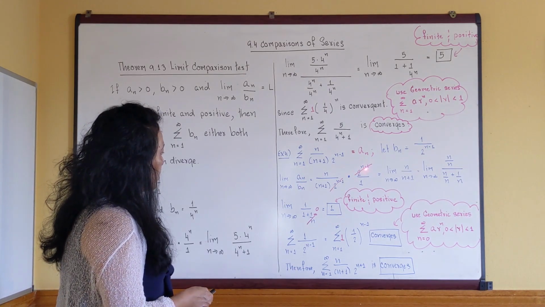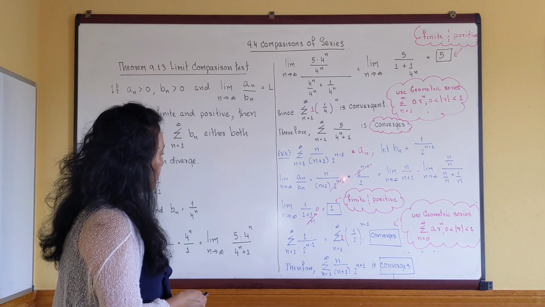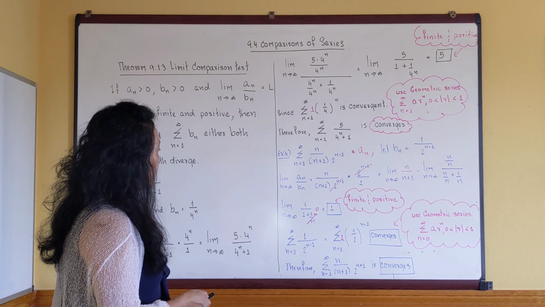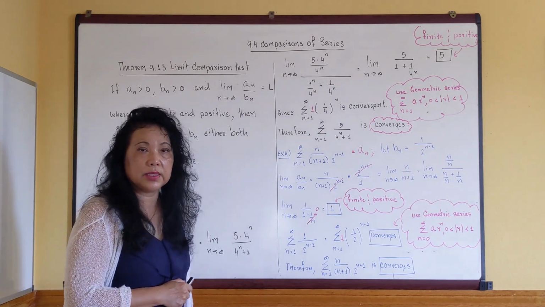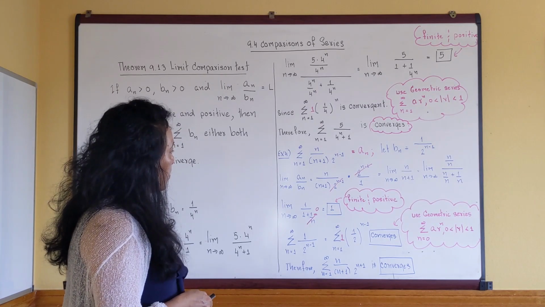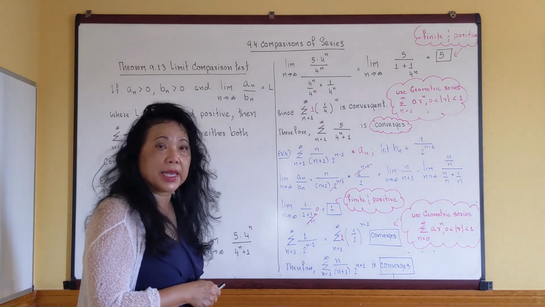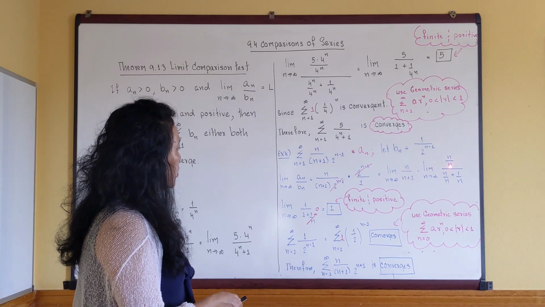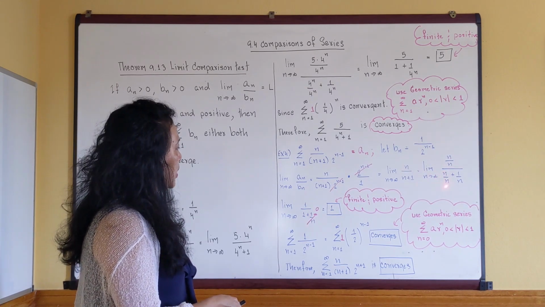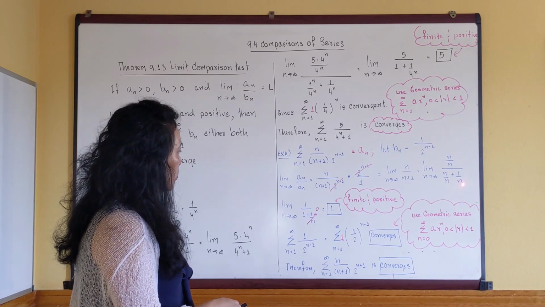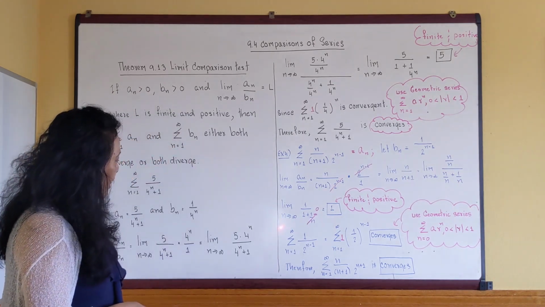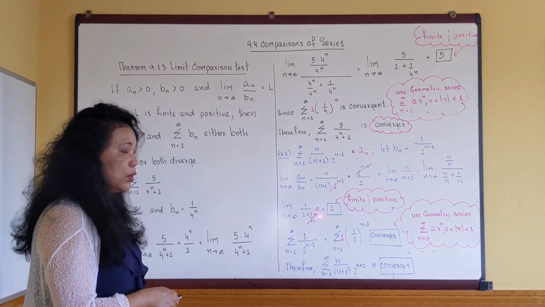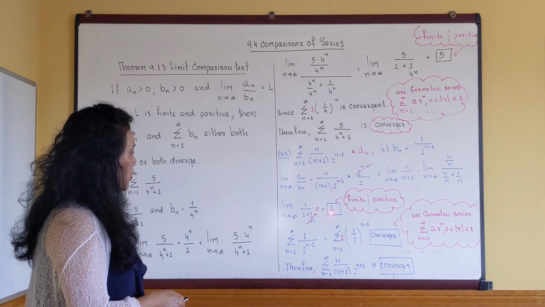I reduce the 2 to the n minus 1, and I'm left with n for the numerator and n plus 1 for the denominator. Next step, I divide everything by n. On the numerator I have 1, and on the denominator I have 1 plus 1 over n. As n goes to infinity, the second term in the denominator goes to 0, so this whole thing is equal to 1.